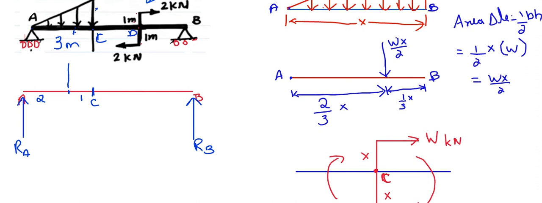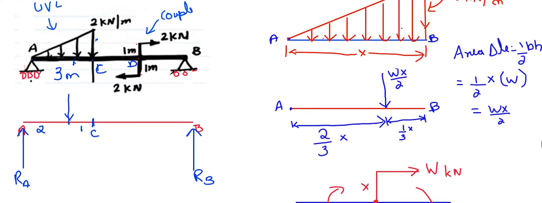And your point load will be 1/2 times base times height, that is 1 by 2 times 3 times 6, which is basically 9 kilonewton. Wait, taking it as in the video: that is 3 kilonewton acting downwards here.